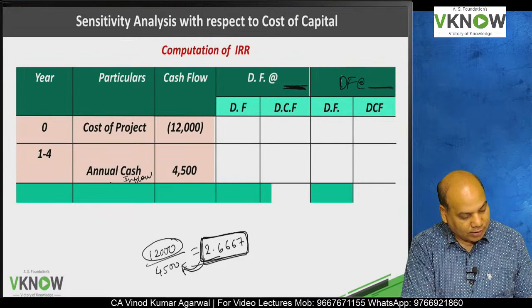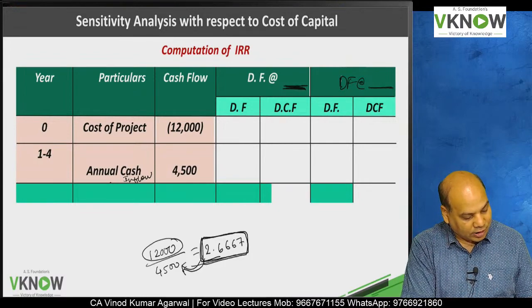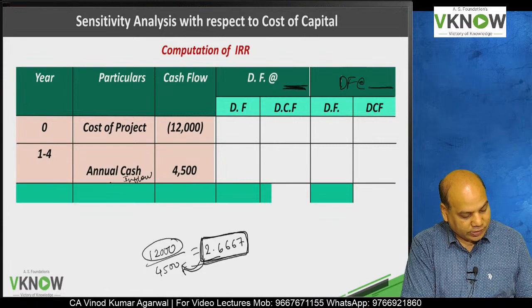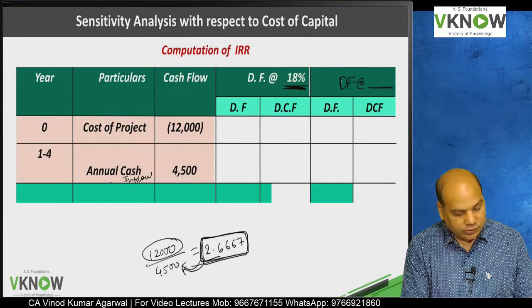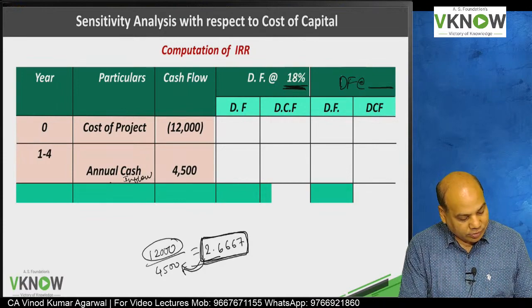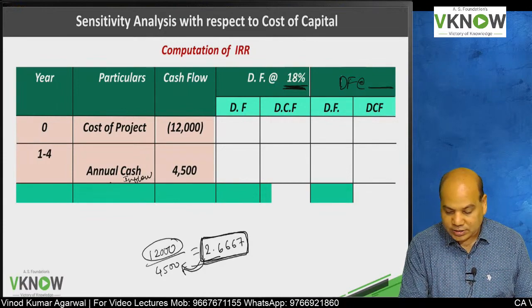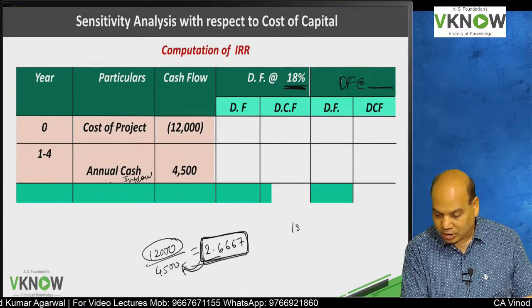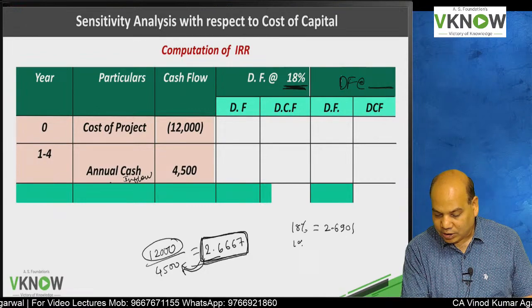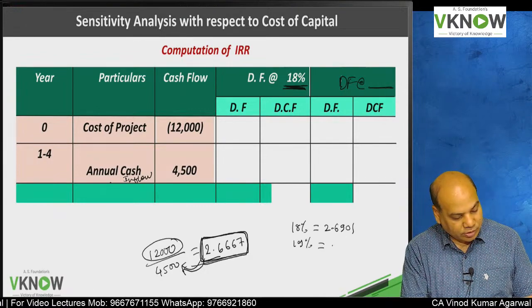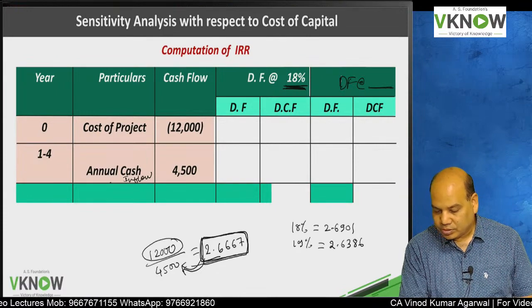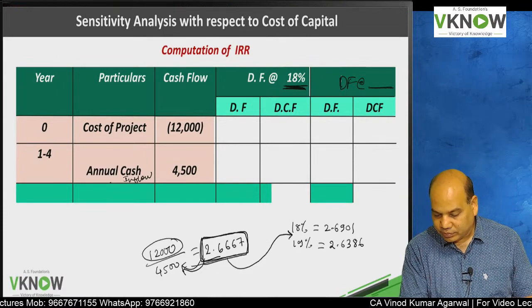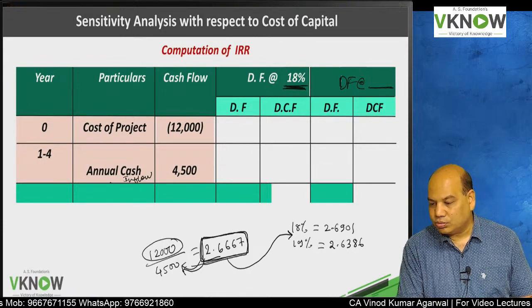If it is not on that page, go to the next page. On the second page you will find it is 18%. At 18% it is 2.6901, and at 19% you will find it is 2.6386, which means this number is somewhere between the two.